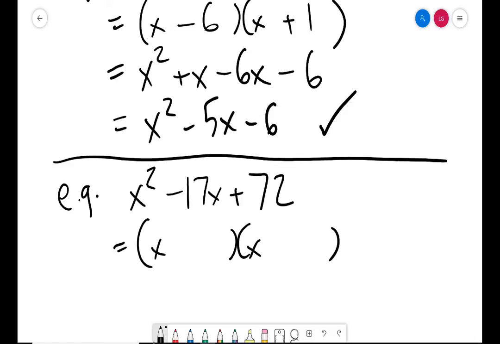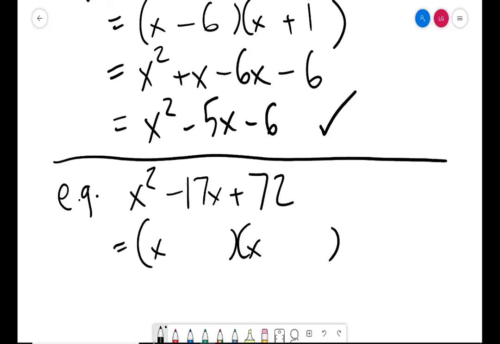We know that we must have negative 17x's after the distribution. So maybe it's negative 16 and negative 1. Maybe it's negative 13 and negative 4. Maybe it's 20 and negative 20 and positive 3. But they also have to multiply to 72. So we think about our factors of 72 for a second.